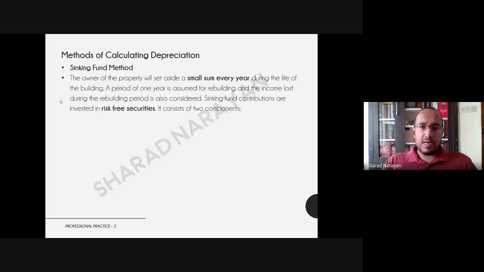So this sinking fund is a small investment which you keep aside to cover you when you are rebuilding and going to lose income. Sinking fund contributions are always invested in risk free securities.